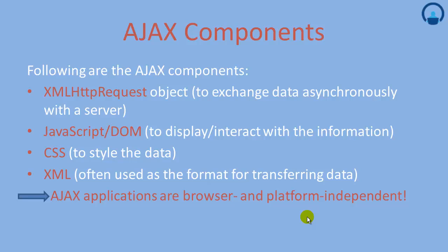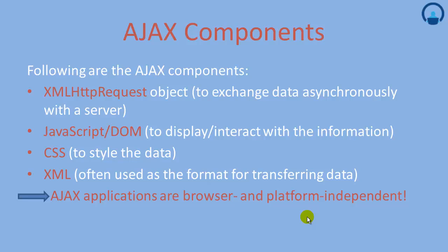Then the most important part, which is JavaScript and the DOM, is used to display and interact with information. Any information exchange that is happening is through JavaScript on the DOM. CSS is used to style, or in plain simple words, for the look and feel of the data representation on the web page.